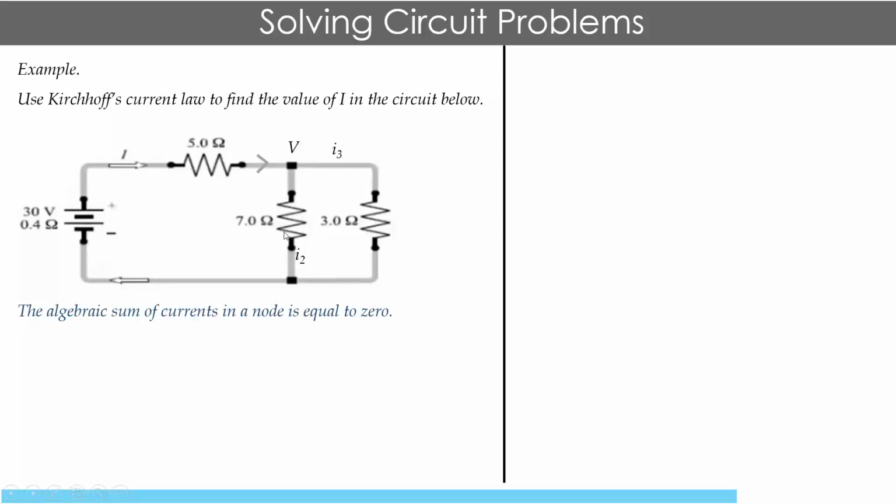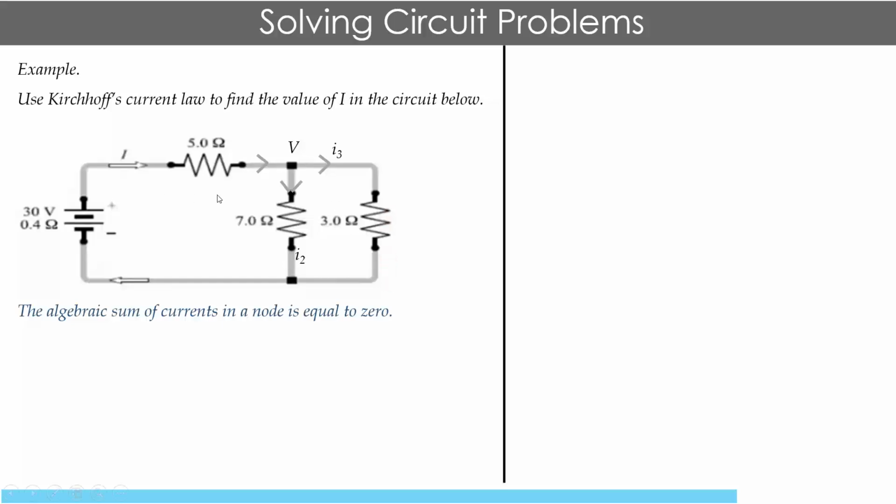Then the 7 ohm resistor is in parallel to the 3 ohm resistor, but their combination is in series with the rest of the circuit. You can see this I1 passes through this 5 ohm resistor and gets to the node. It enters the node, and when it gets to the node, it splits into two, I2 and I3: I2 coming down the 7 ohm resistor, and I3 coming down the 3 ohm resistor.